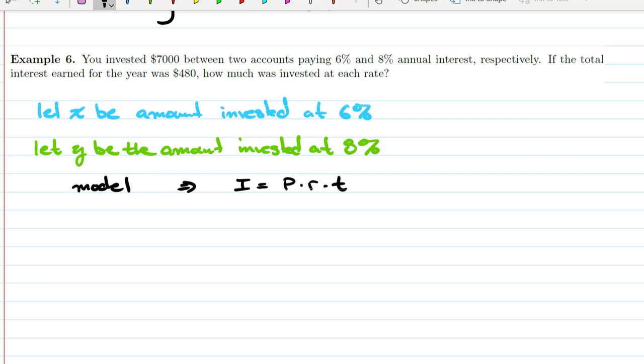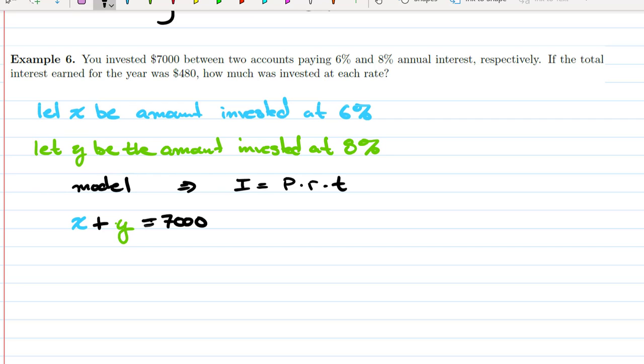We know we invested $7,000 between two different accounts. So that means, first of all, that x plus y, the amount in the 6% account plus the amount in the 8% account, has to equal the total amount, which is 7,000.